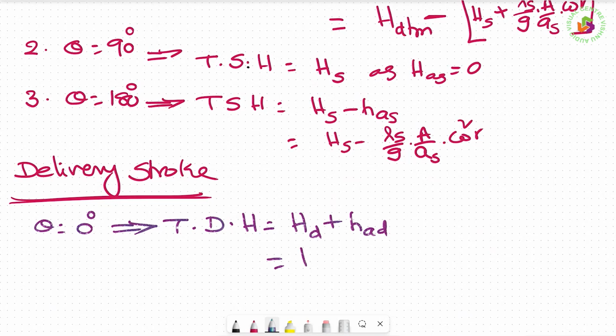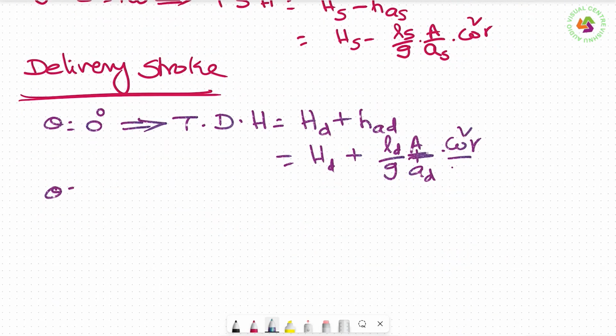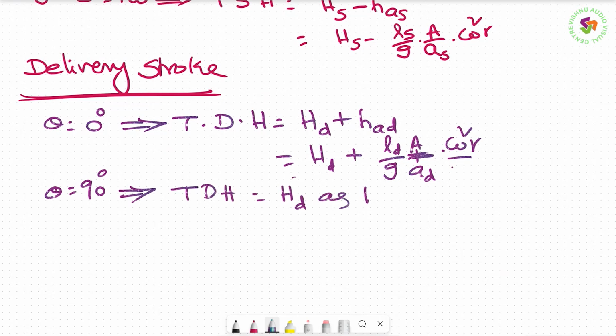It is equal to HD plus LD by g, sorry, A by AD into omega square R. Then theta is equal to 90 degrees: total delivery head is equal to just HD, as HAD is equal to 0.